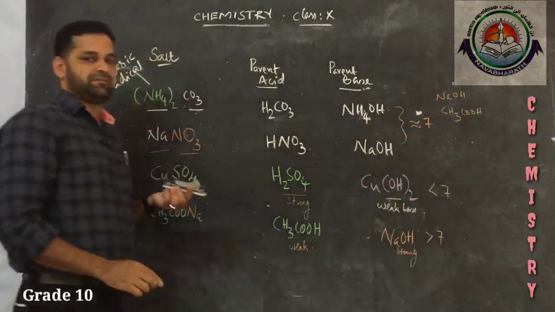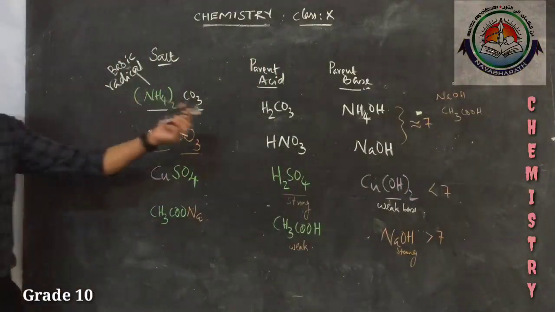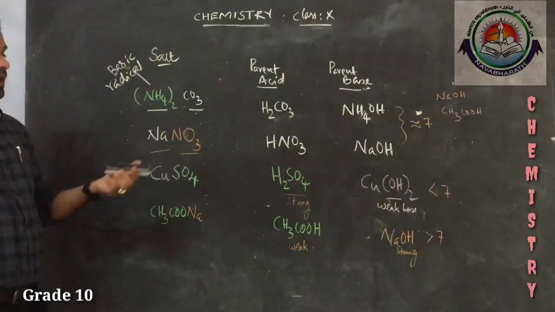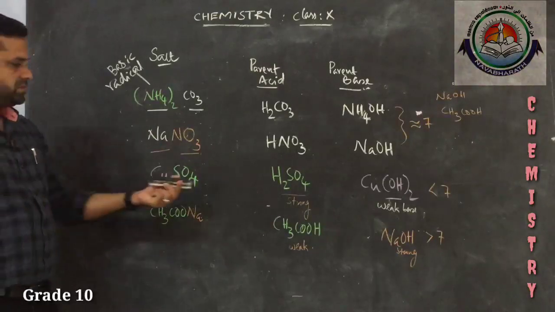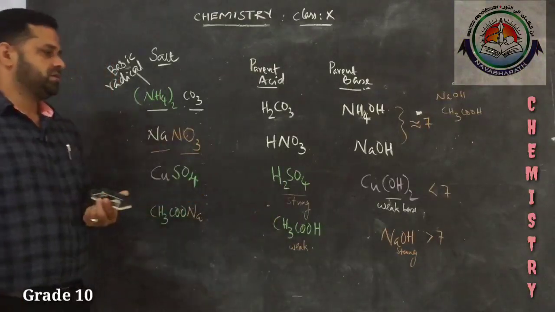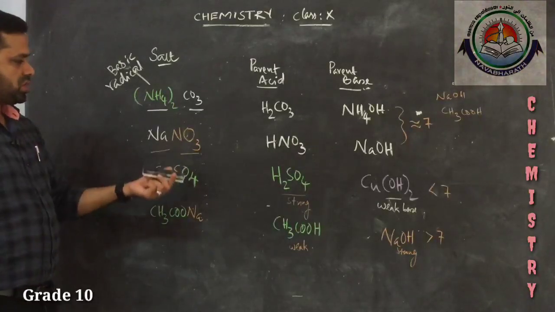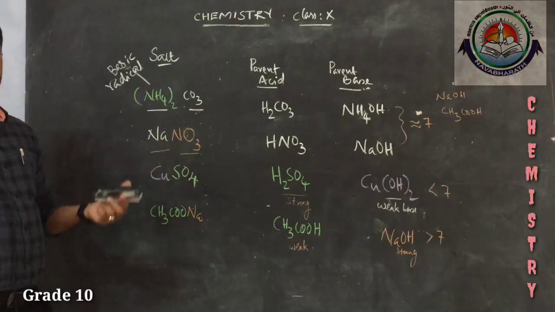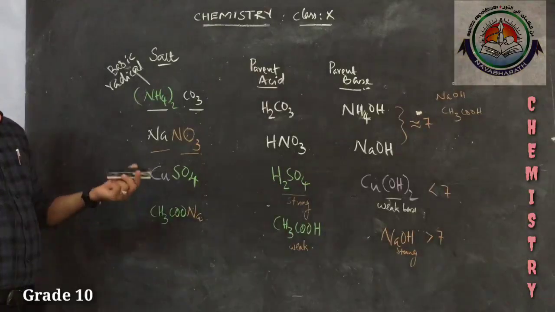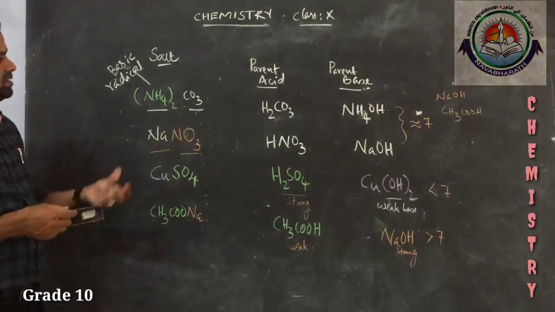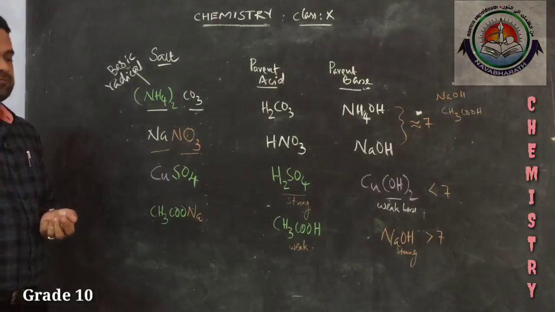So these two are neutral salts. And this is weak acid, weak base. So I hope you understood all this. What is a neutral salt, what is a basic salt, what is an acidic salt, isn't it? So these are the types of salt. Okay.